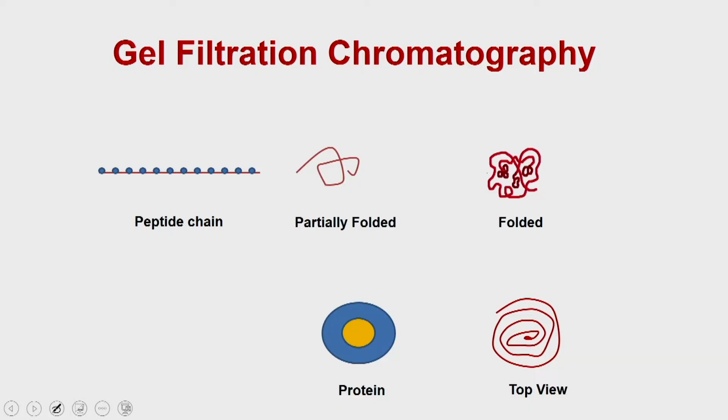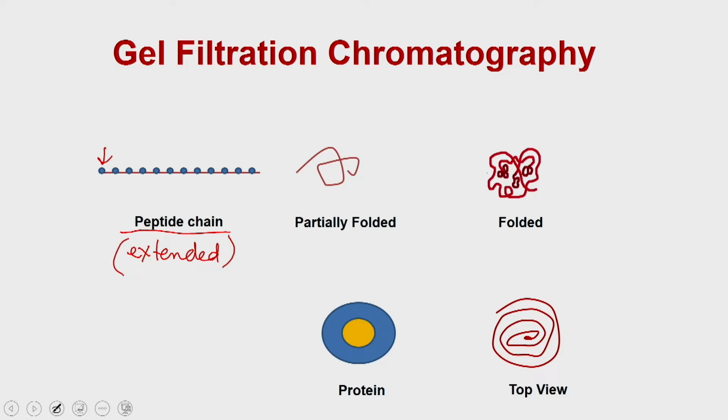Now, you can imagine that proteins are nothing but a peptide chain made up of different amino acid residues. When they are synthesized from the ribosome, they are synthesized as a linear chain, which is called the extended form.